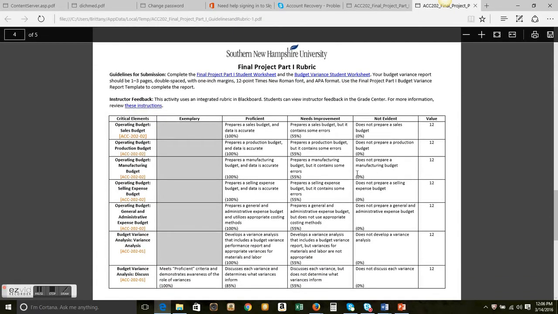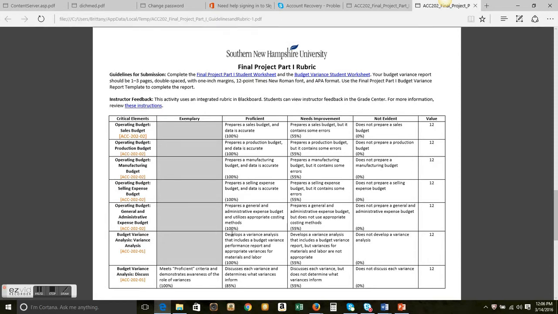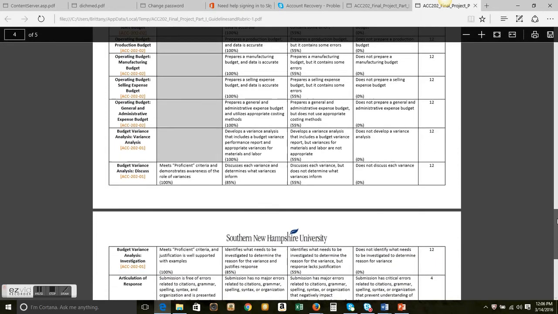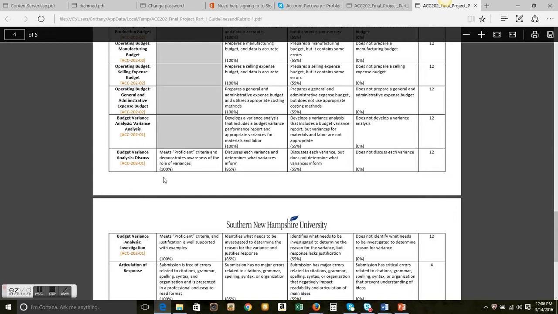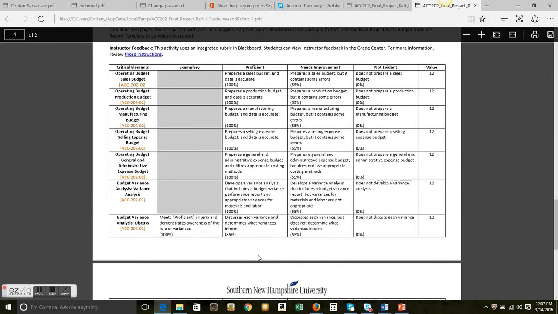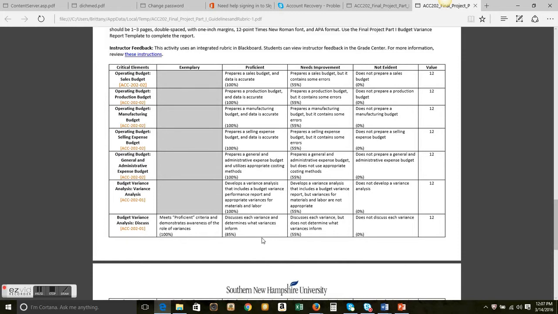Okay, as you can see, this top part, those are all about the budgets, so that is not the concern for the written element. What we are looking at is the budget variance analysis. So what happens is you start at the proficient level. We either grade you down to needs improvement or not evident, or up to exemplary based on your paper.